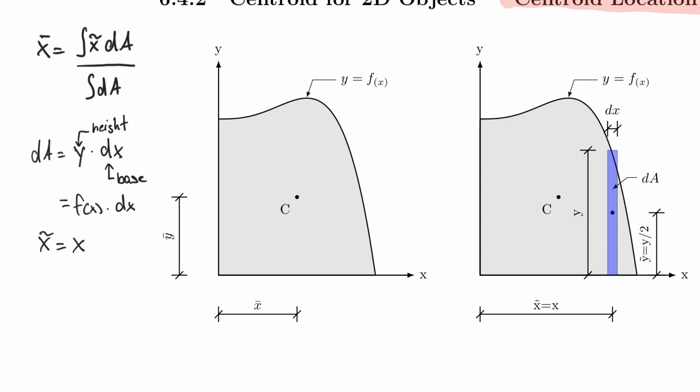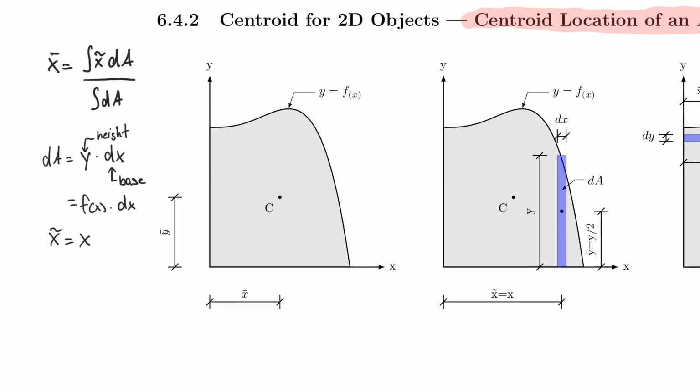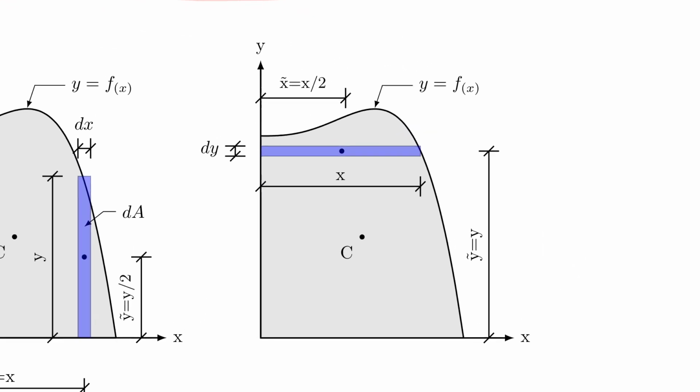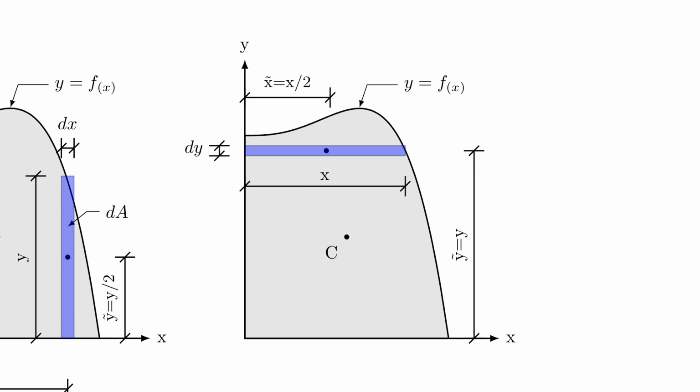Let's do that for the third picture on the right side, because this is now actually an integration over the y-axis. So here I have the area element that is horizontal, and that will be a little bit difficult if I have a function given in terms of x. However, if I have a function given in terms of y, then that will make this easier.